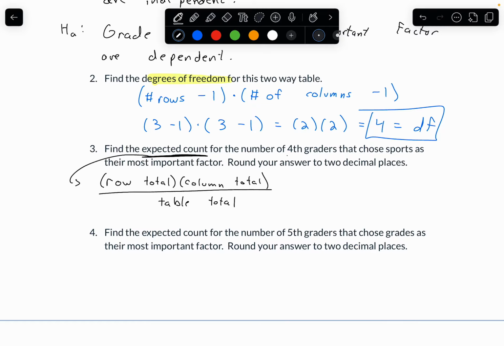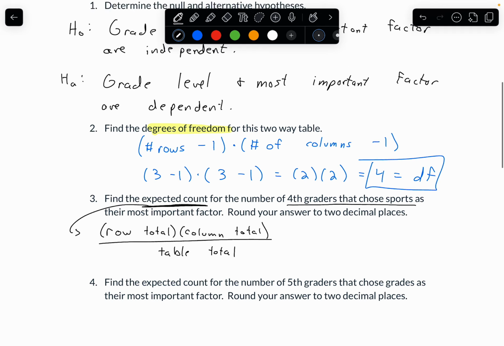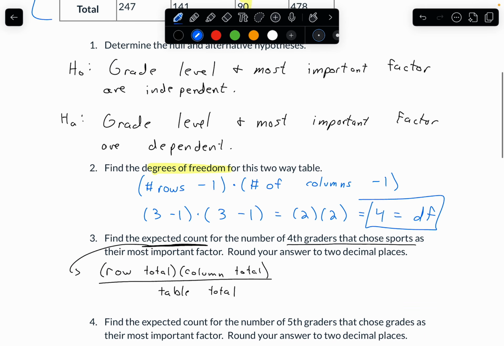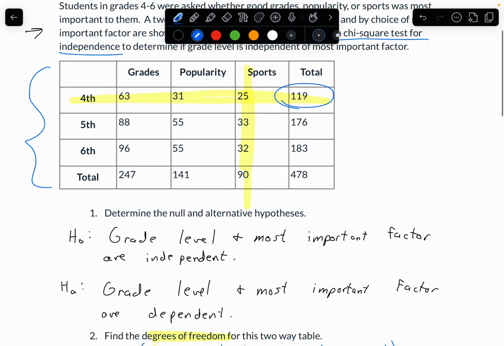So we are looking at the 4th graders that chose sports as their most important factor. So I'm going to go up here. We said 4th graders that chose sports. So we are looking at the 4th graders right here that chose sports. So for the row total, I'm looking at the total number of 4th graders, which would be 119. So I'm going to have for this 119 times the column total.